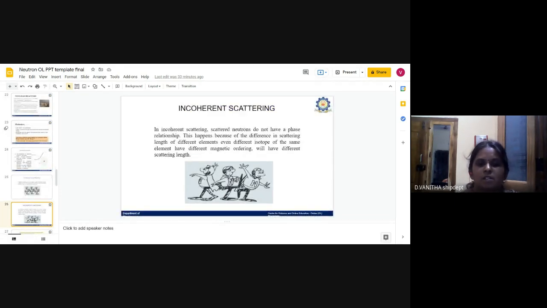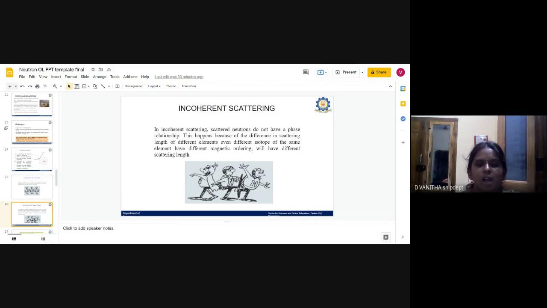Next is incoherent scattering. In incoherent scattering, the scattered neutrons do not have a phase relationship.